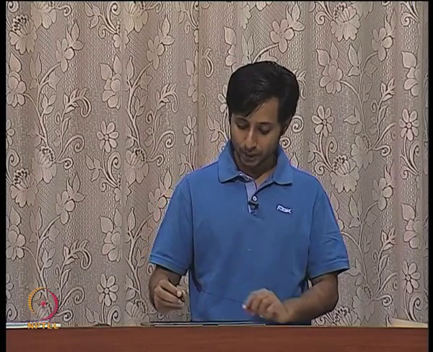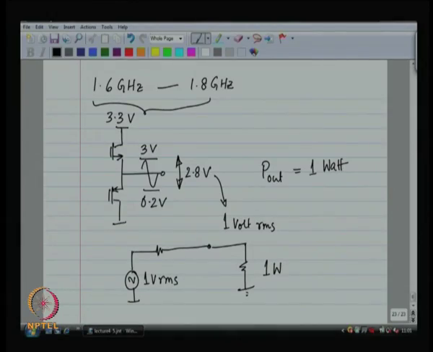So, I want to know what is the maximum source resistance, what is the load resistance, such that I get 1 watt of power on the load. So, to do that, you have to have maximum power transfer, which means the source resistance should be equal to the load resistance.